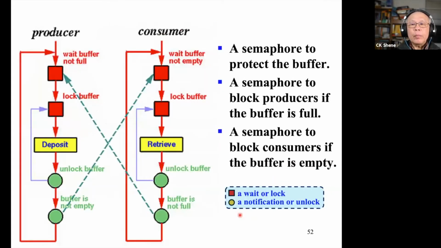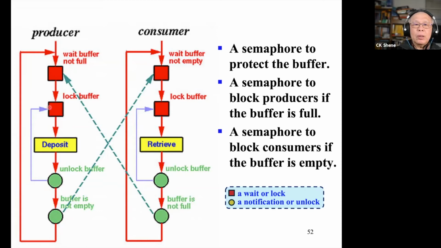Now, let's put things together. Again, I draw a diagram here. A red square means I may have to wait. A green circle means something has happened.